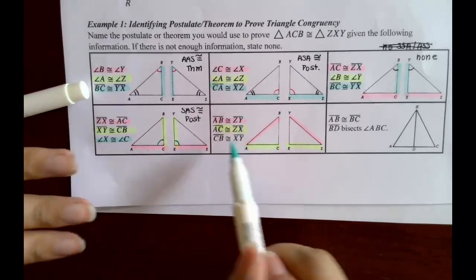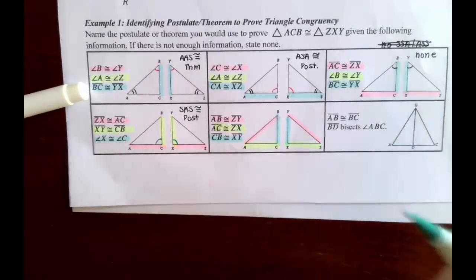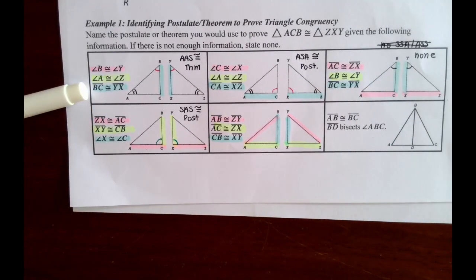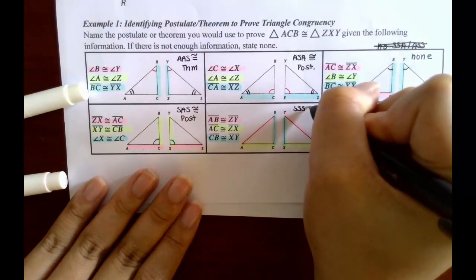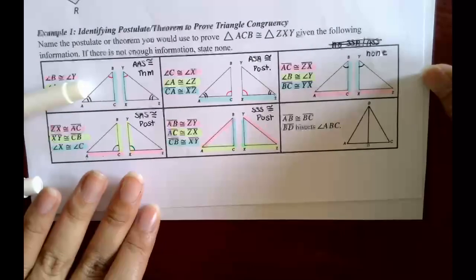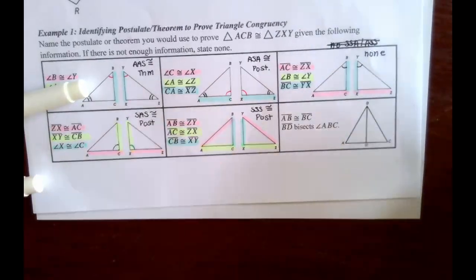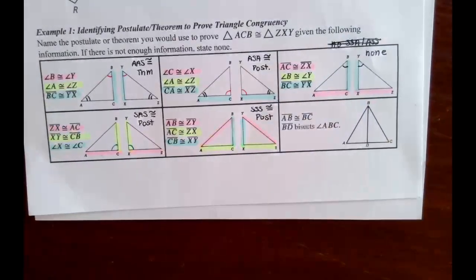And then we have CB congruent to XY. And so what do we have here? These are all sides. So this is the side, side, side congruence postulate. Okay, last one here before we talk about missing information. So here we have AB is congruent to BC.